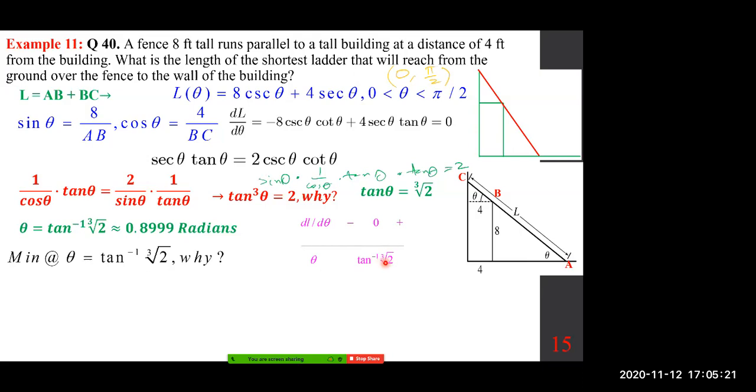If you pick a number to the left and right, by the way, they do alternate, you can check it. To the left, cube root of 2 is, just as an example, larger than 1, and 1 gives you what? 45 degrees. So if you plug in 45 degrees here, minus 8 cosecant of 45 degrees, cotangent of 45 degrees, and so forth.